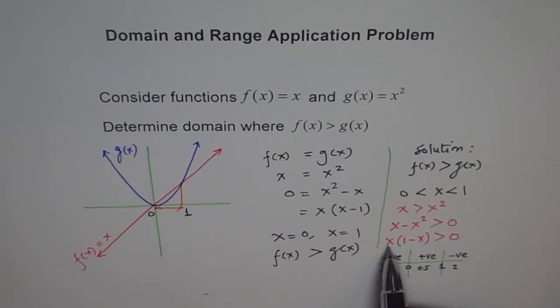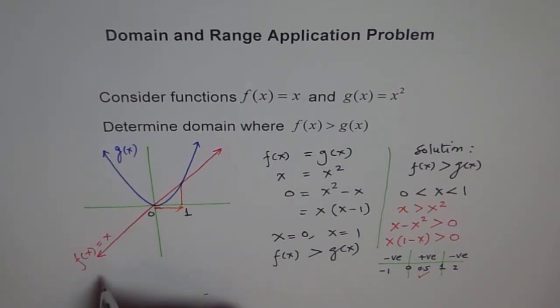Since you need x times 1 minus x greater than 0, that means you are looking for something which is positive, correct? Therefore, this is your answer: between 0 and 1. I hope you understand this method of inequality also. So here, if you see the sheet, I have given you 3 different ways of solving the problem. The first way here is the graphical solution.